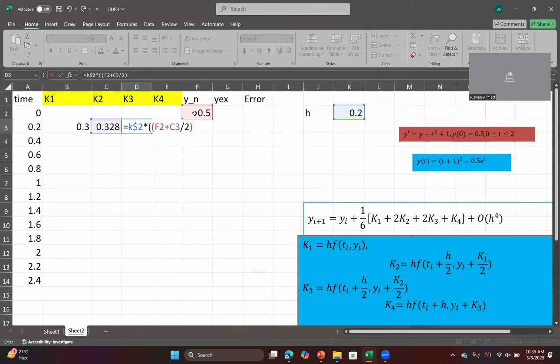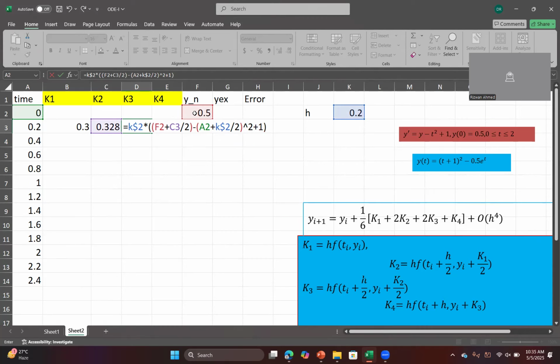We do not require any further calculation. Minus t squared, and t will be replaced by the value of t plus h by 2. However, we require its square, plus 1 in the whole expression, and that's it.